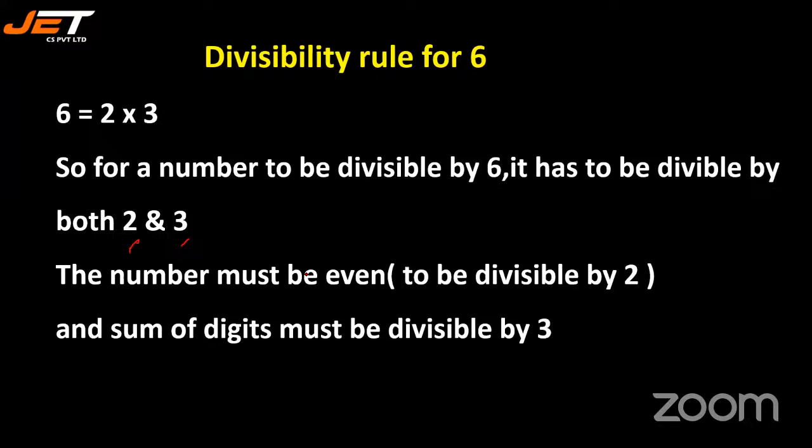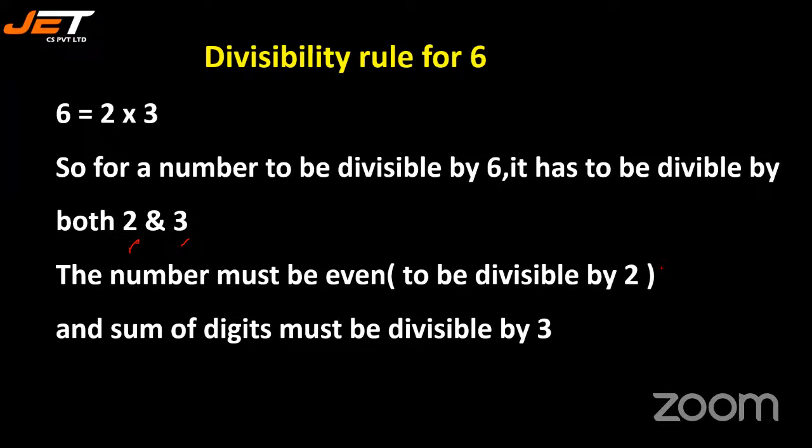Now, whatever is the number, you need to check that it is divisible by 2 and 3 or not. 2 and 3, I said. I did not say 2 or 3. I said and, which means it has to be divisible by both. It should not be like it is divisible by 2 but not divisible by 3, so it is divisible by 6. No. It is divisible by 3 but not 2, so it is divisible by 6.